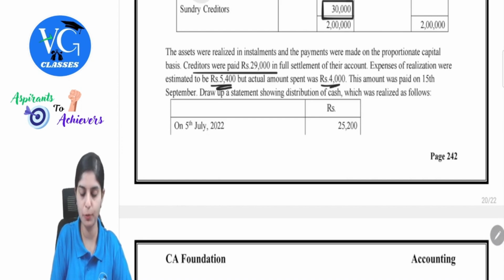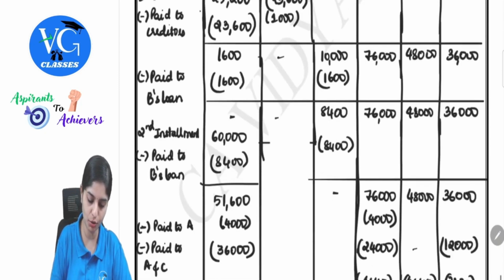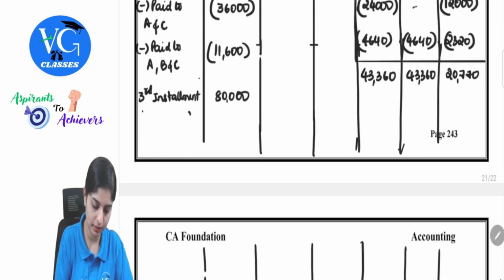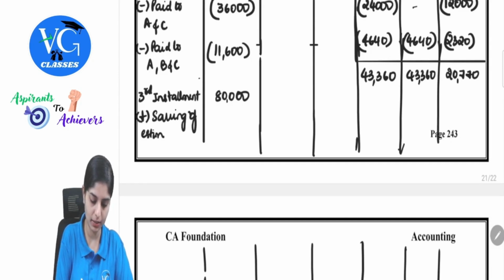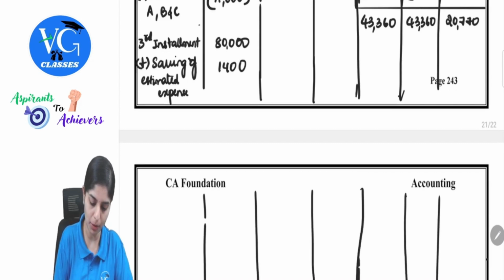The actual amount spent was 4,000. So there is a saving of 1,400, which we also add to this saving of estimated expense, 1,400. So the total amount available will be 81,400.